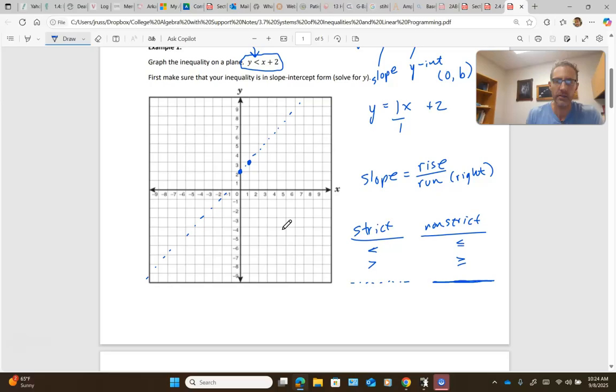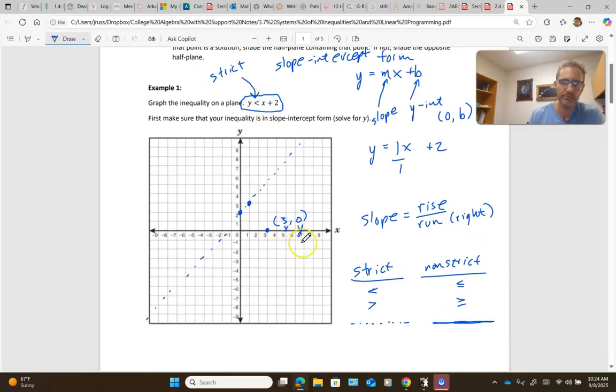And I'll do one like that. Let me just arbitrarily choose this point right here. That could be my test point. Its coordinates are 3, 0. So its x is 3, its y is 0. I would plug these values into my inequality. My y is 0, my x is 3.